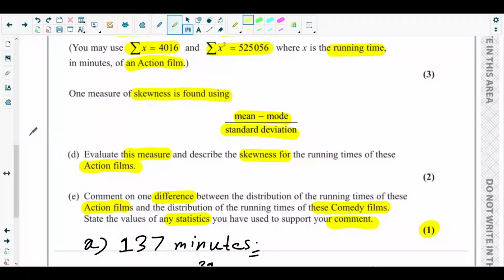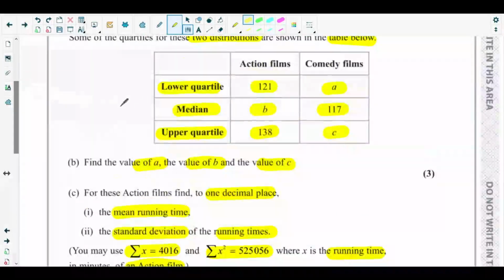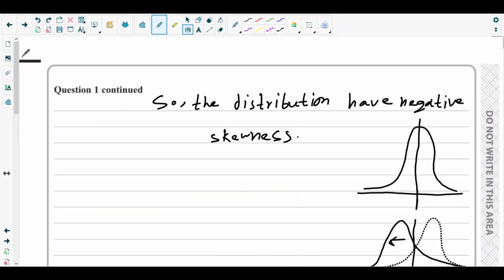So let's consider the median of the two. For the median of action films, we got 129, and for comedy films, it's 117. So definitely we can see the median for action films is greater than the median of comedy films. That's what we can tell about the difference in the distribution.